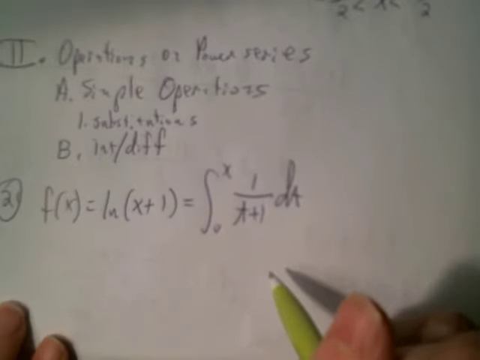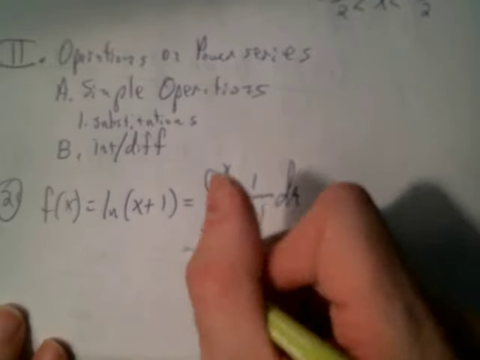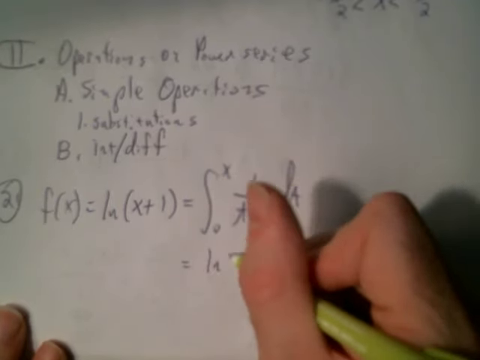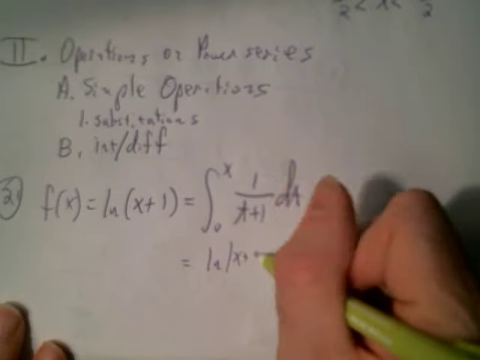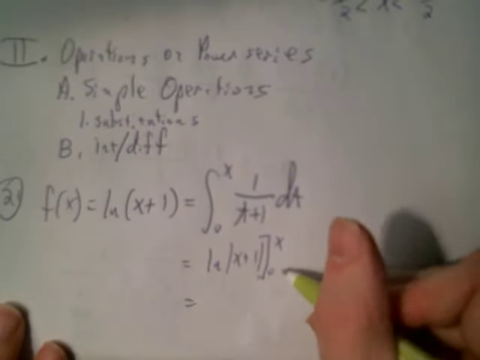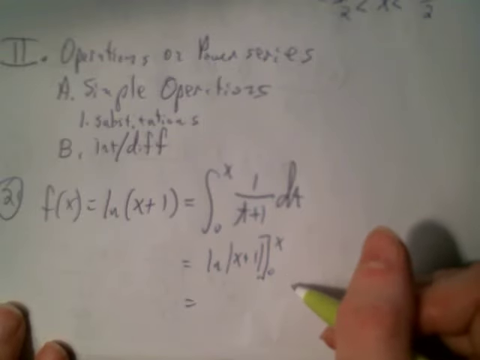Basically, if you take the antiderivative of this, it'll be the natural log of the absolute value of t plus 1 evaluated from 0 to x. I assume we assume x is positive. I don't think the book is saying that, but I assume we assume that.